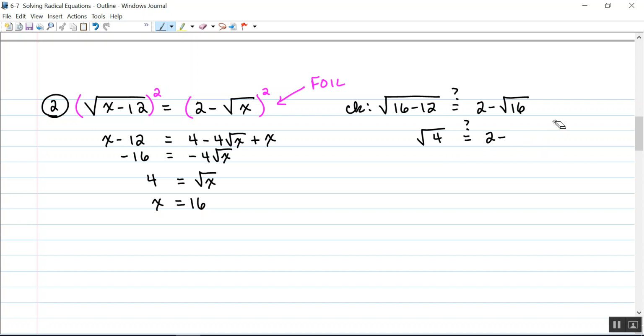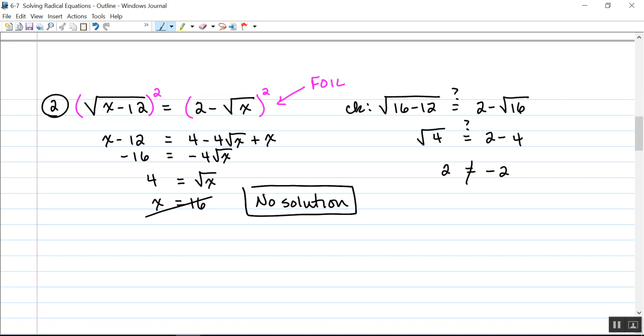I'm sorry, not square root of 4, 4. There we go. So is 2 equal to negative 2? It is not. This does not work, so I have no solution for this one. Remember I said sometimes strange things can happen when you square both sides when you have a square root.